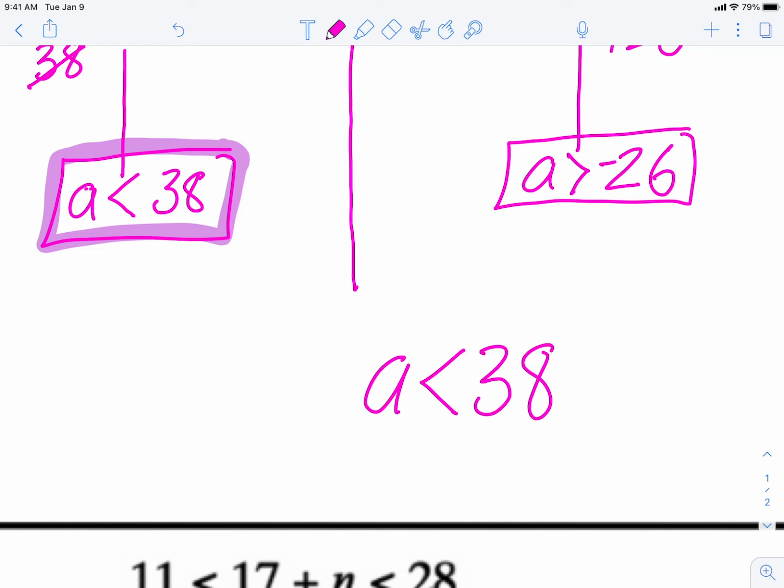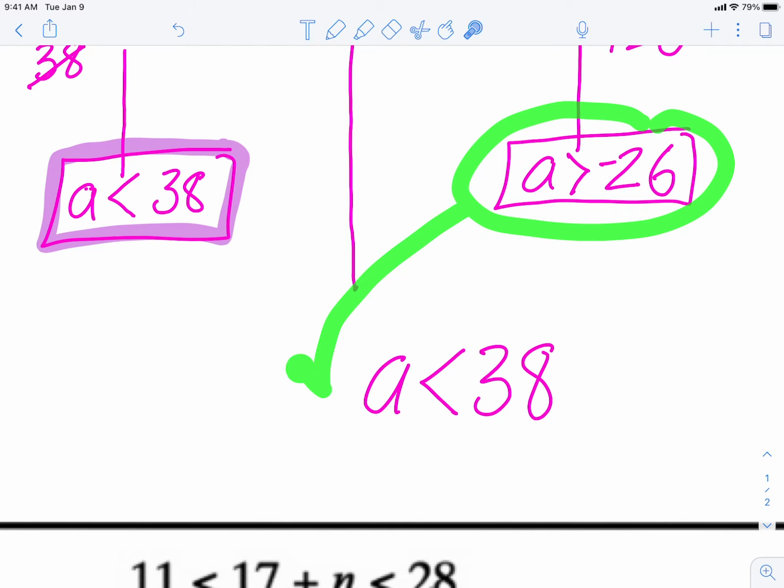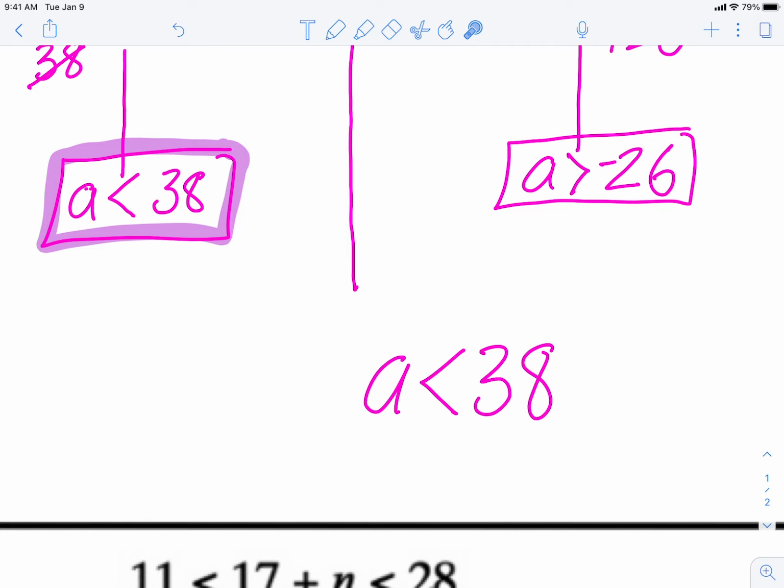So now what I want to do is I want to bring this guy and put him right here so they're together. So I already have A. I don't need to bring A down, but I do need to bring down this arrow. But guys, when this arrow comes down, I have to flip the arrow. So I'm going to flip the arrow, and now negative 26 just comes down over here, and I'm going to write it negative 26.